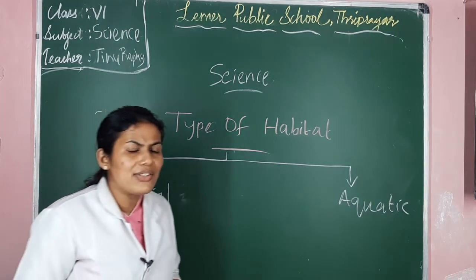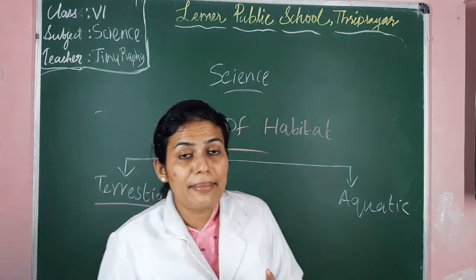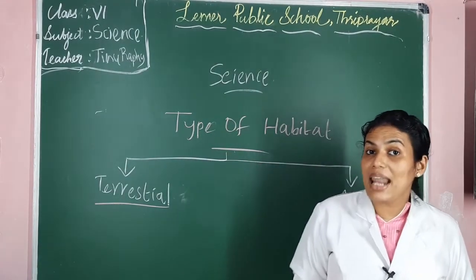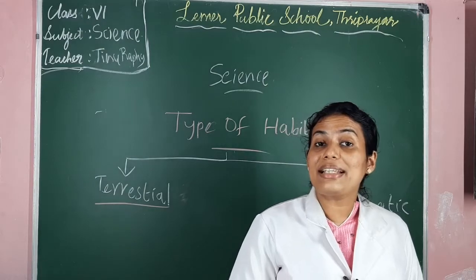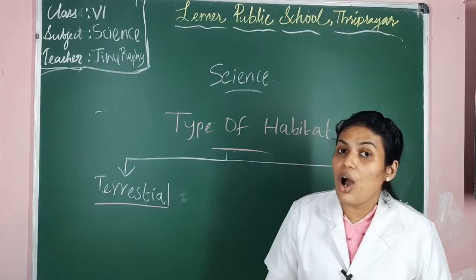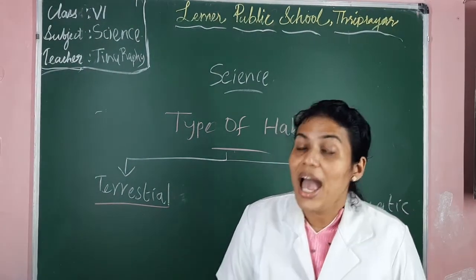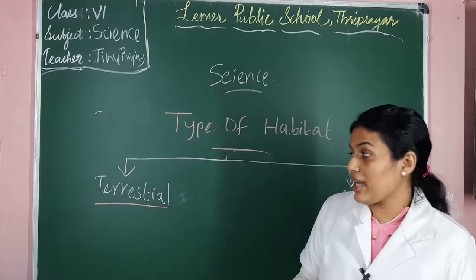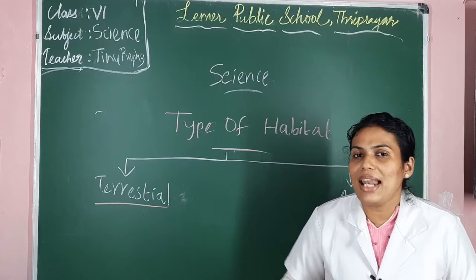Now, what is terrestrial habitat? Terrestrial means land. So the organisms that live on land are called terrestrial organisms, and the habitat of the terrestrial organisms is what we call terrestrial habitat.